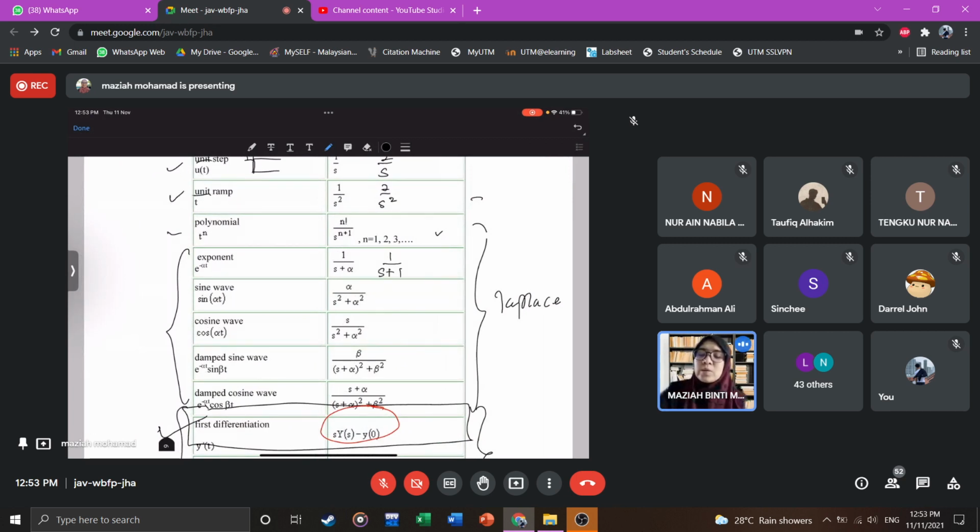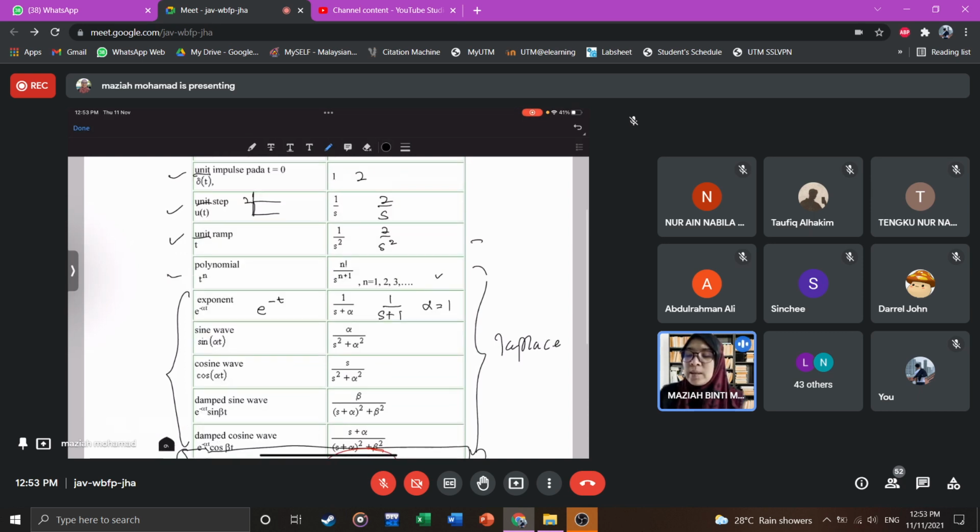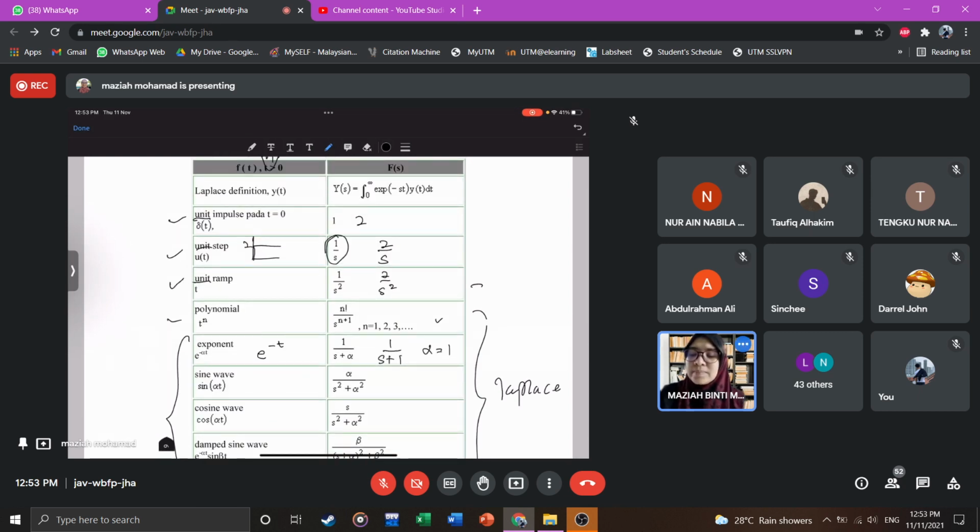Okay, 1 over S plus 1, we're going to refer to the table here. So this is the form 1 over S plus alpha. If we compare 1 over S plus alpha with 1 over S plus 1, we can see alpha is 1. So therefore, in the time form, it becomes exponent negative T. And the other one is 1 over S here.